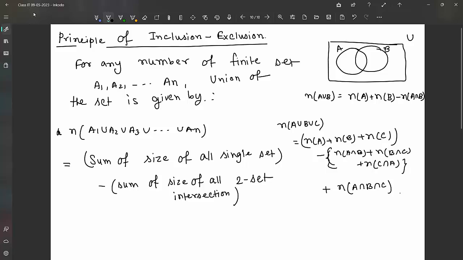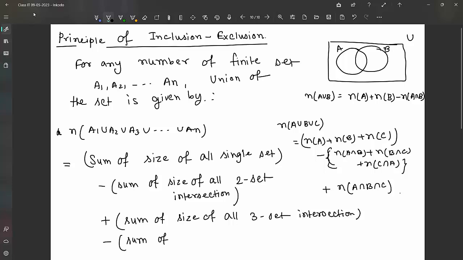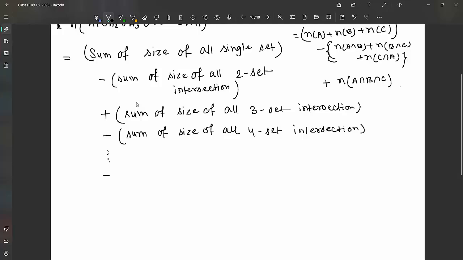then plus again the sum of the sizes of all three-set intersections, then again minus the sum of the sizes of all four-set intersections, and in this way it will continue up to plus or minus, with sign (-1) to the power n minus 1, the size of the n-set intersection, or the total intersection of the sets.